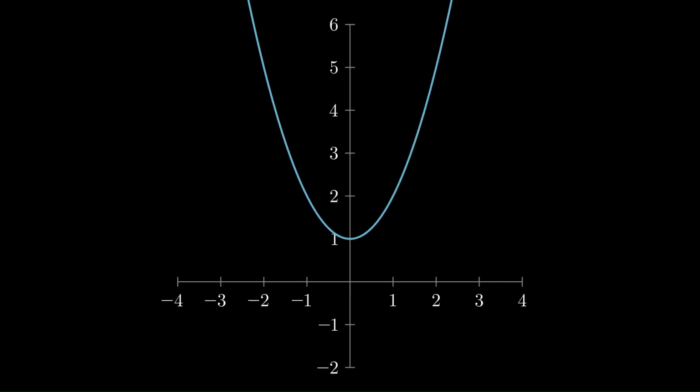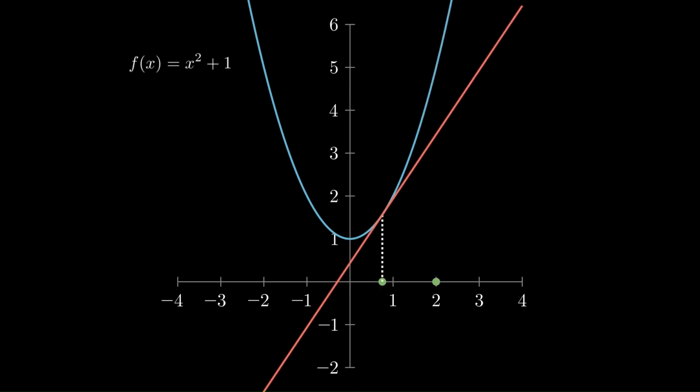But Newton's method isn't always guaranteed to work. For instance, we might take a function like x squared plus 1, which doesn't have any real roots at all. So now we definitely won't converge to a root. If we try letting x0 equals 2, then the points we get seem to bounce around with no particular pattern.